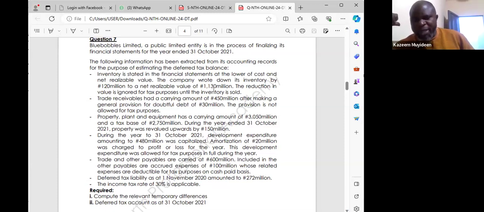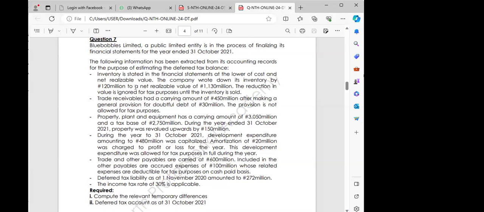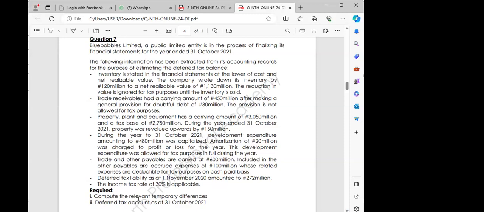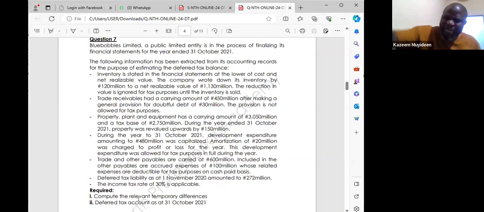Number 4, measurement basis. There is nothing like writing down inventory of 120. I will add it back. 130 plus 120, that is the tax base. They say compute the relevant temporary difference and the deferred tax account. To get the temporary difference, I need to get the tax base first.